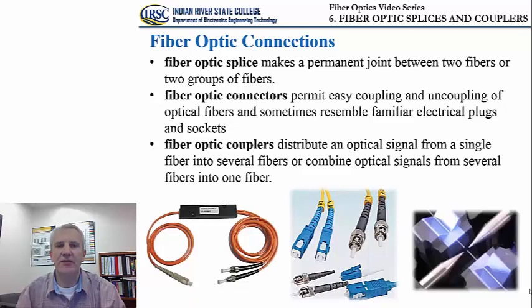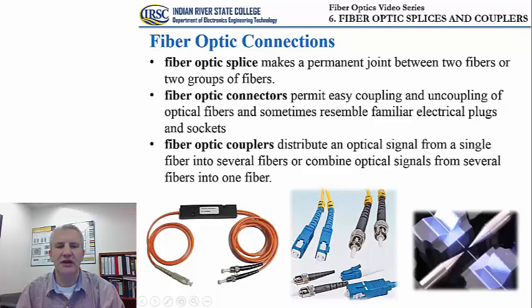And finally, fiber optic couplers would be connections where we may have multiple ports or multiple inputs on one side and multiple outputs or multiple ports on the other side. Here on the left side, you see an example of a fiber optic coupler where we had one port on one side and then two ports on the other side.